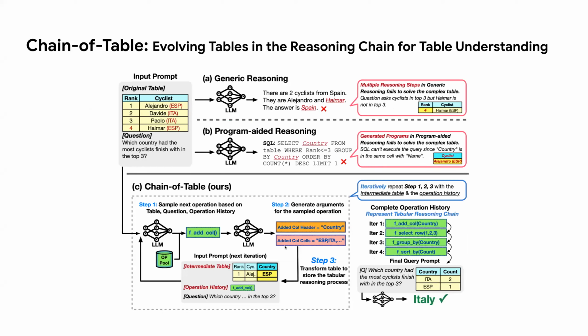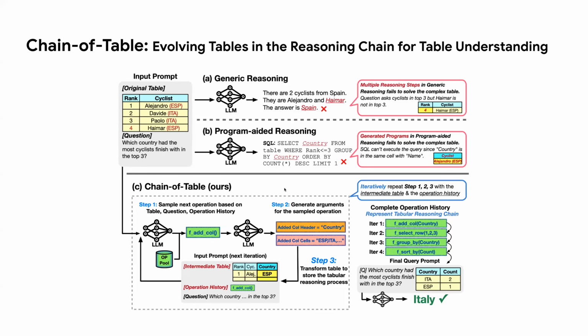We compare our method with two different types of methods. One is generic reasoning, the very general text reasoning techniques like chain of thought, least-to-most, whatever, or textual reasoning methods. The other type is called program-aided reasoning, where the method incorporates programs like SQL because it's tabular reasoning.